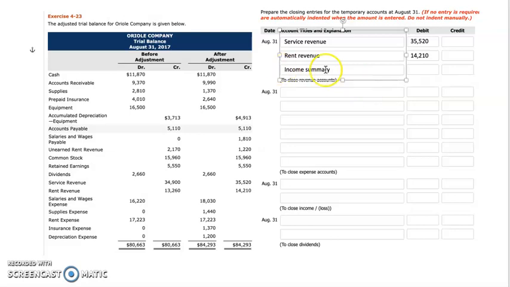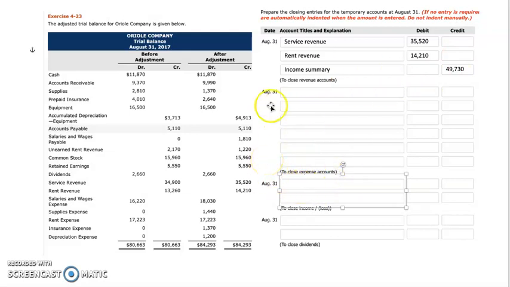All right, so to balance everything out, the credit of income summary has to equal the total debits for the revenue accounts. So if you add those together, we're going to get $49,730.